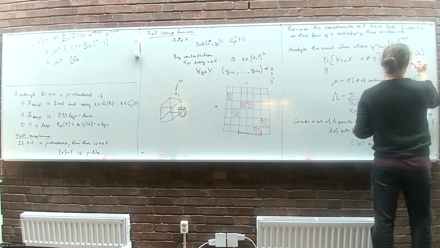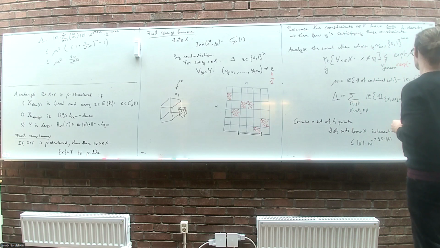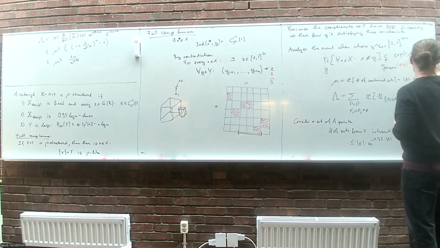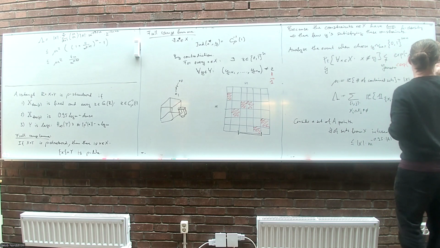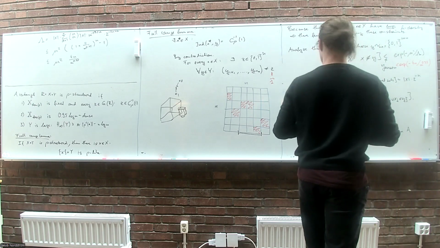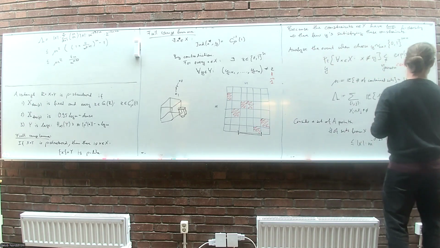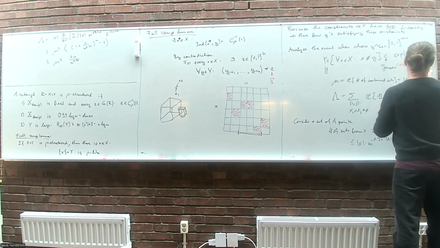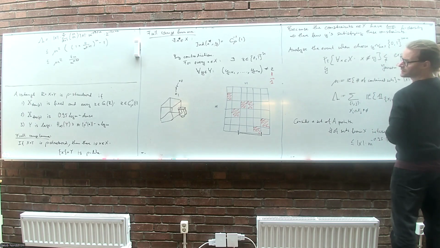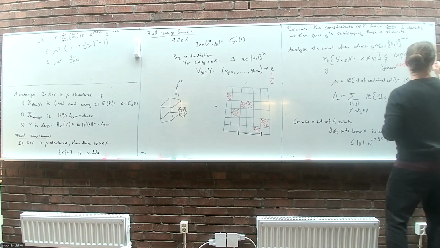Exponential minus 4n over n to the 0.95. Right, n to the 0.95 divided by 4n.